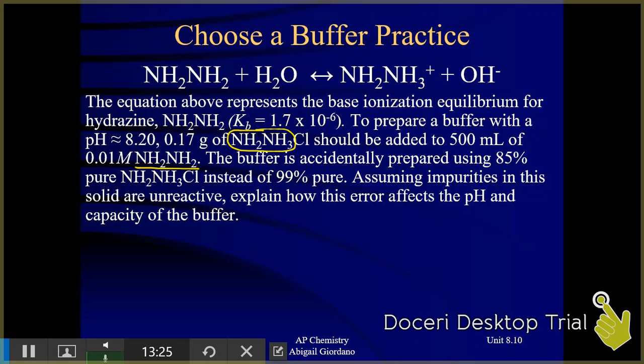We are given the Kb value. Let's just review a little bit here. Do you remember this equation on your equation sheet? 1 times 10 to the negative 14th. We are given a Kb value, and I just want to show you something.